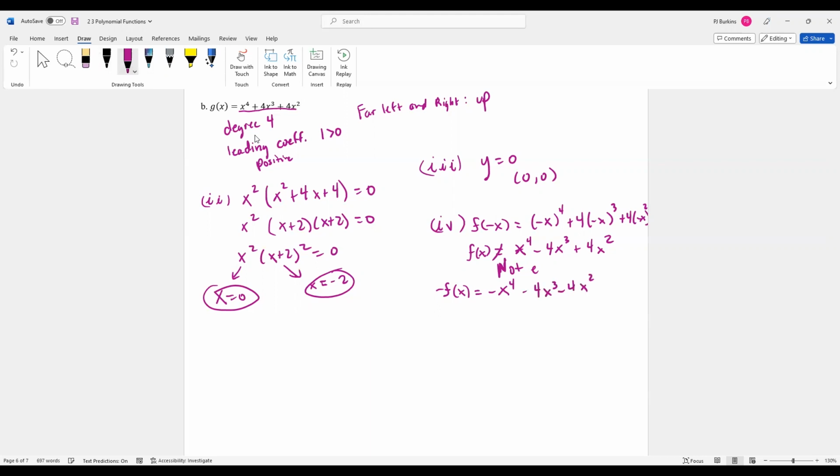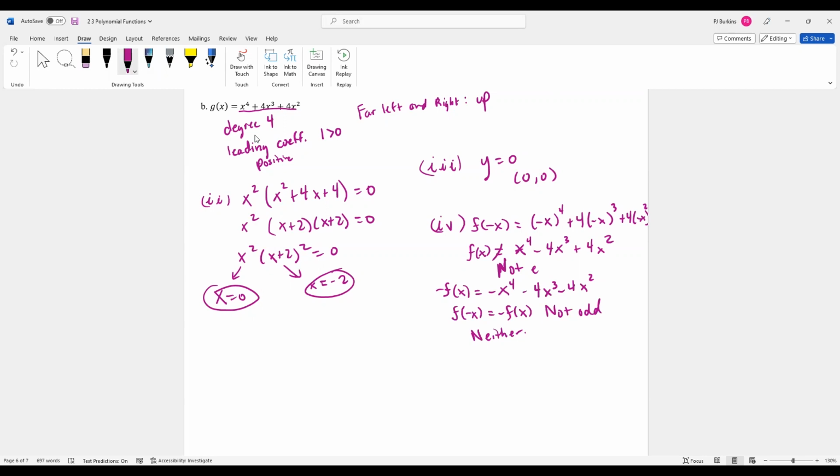Okay, so this is what we would end up with. So f of negative x does not equal negative f of x. So this is not odd either. So we would say this is neither, or there's no symmetry. Okay, and you might go back and look at one of the other examples we had earlier. We had two terms that were even, one was odd, and it made it not symmetric about the y-axis, and it certainly wasn't symmetric about the origin.